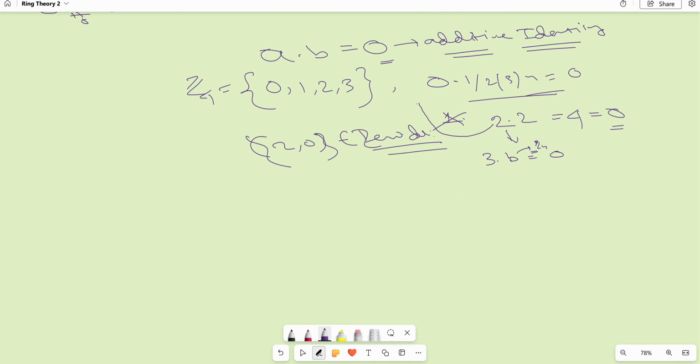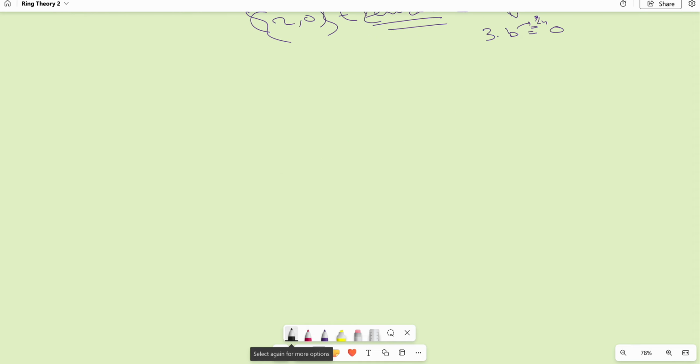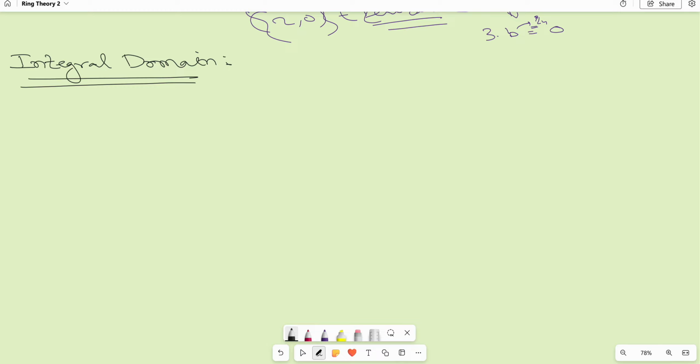Now I am defining another, I guess the last definition: integral domain. What is an integral domain?